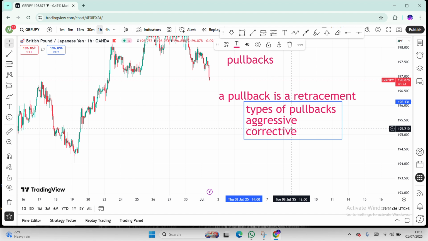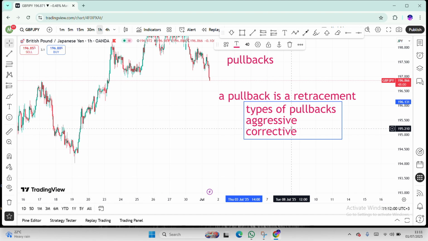In aggressive, you can easily hit your stop loss. Then in corrective, it's where there's less momentum or less volume of traders. Once you enter in aggressive, you are likely to hit your stop loss. Then in corrective, once you enter, you are probably going to hit your TP. That is the difference in these two.